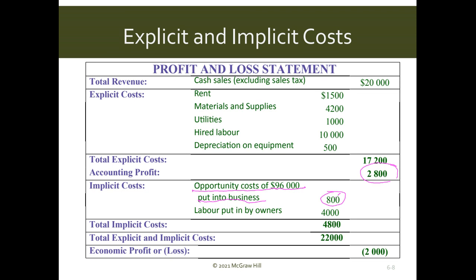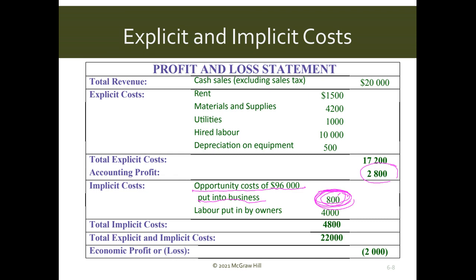So this is basically 0.83%. So basically, this is the amount that you are giving up in this business, not the whole $96,000.